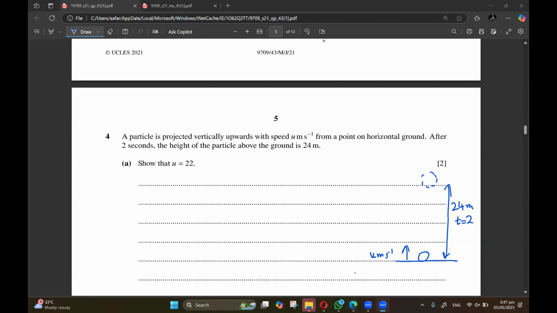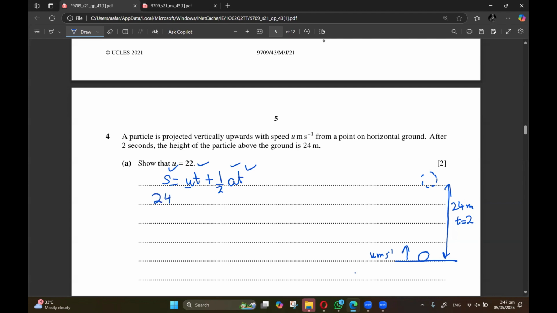Just sketch the scenario or what information they told us. So the initial speed is u and it covers 24 meters of height and t is equal to 2. We know the equation of motion s is equal to ut plus half a t squared. Since we have t, a and s, we only need to find u.